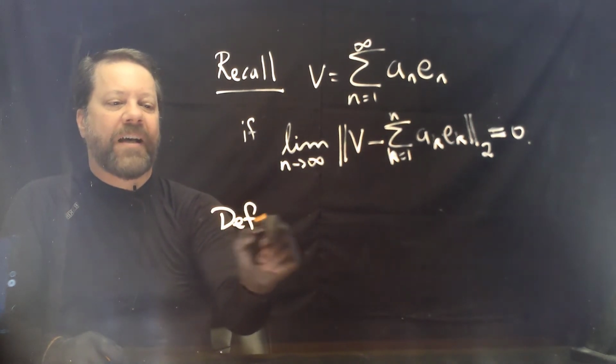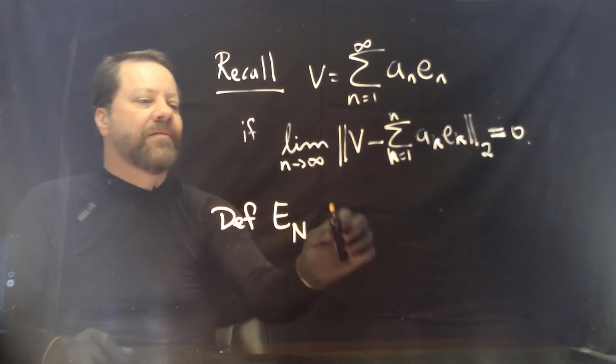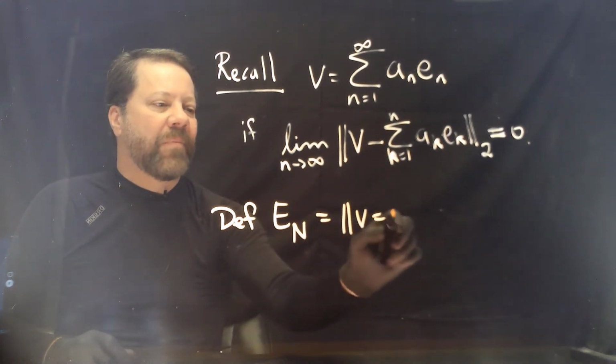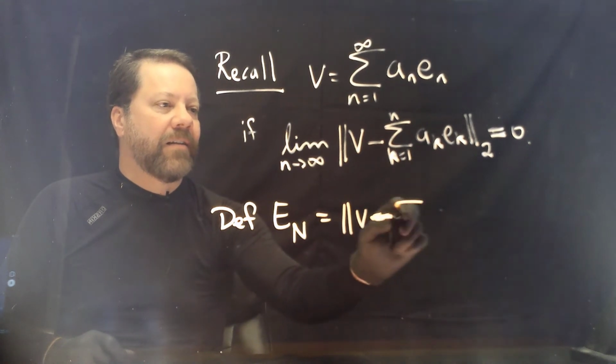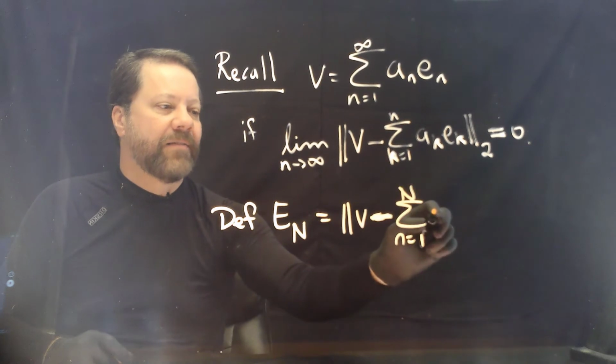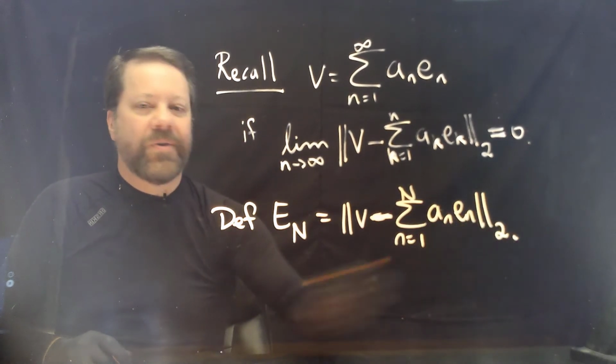We'll define the error to be the difference between v and the sum as n goes from 1 to n in the L2 norm.